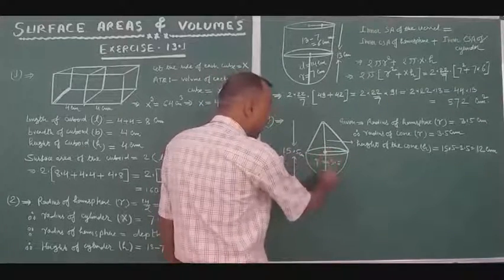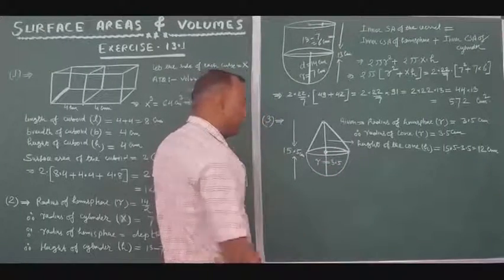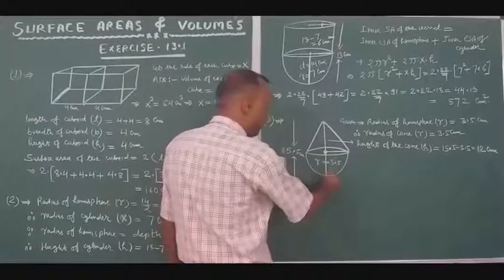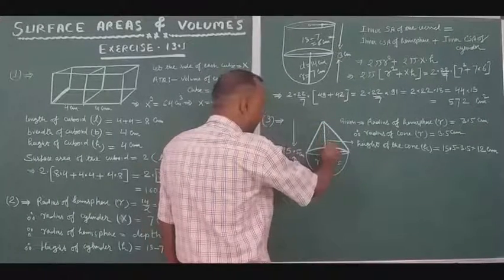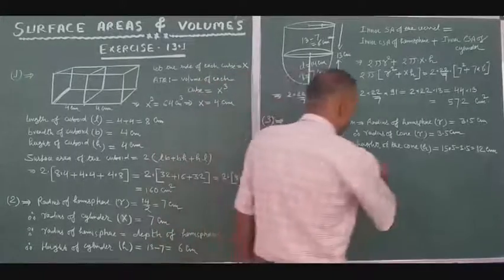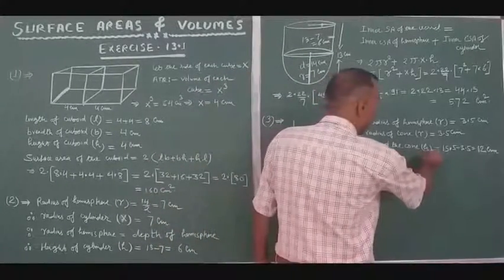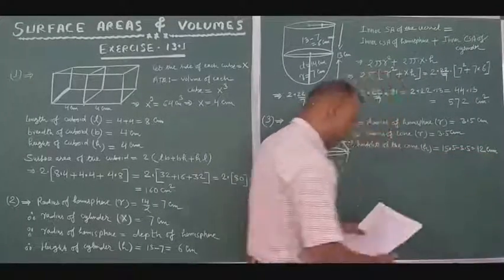Why is this height 3.5? Because the radius of the hemisphere is equal to the depth of the hemisphere. Therefore, the height of the conical portion will be 15.5 minus 3.5, which is 12 centimeter.